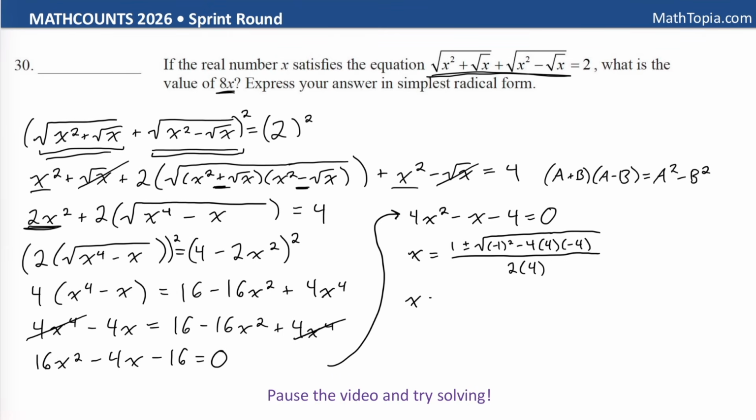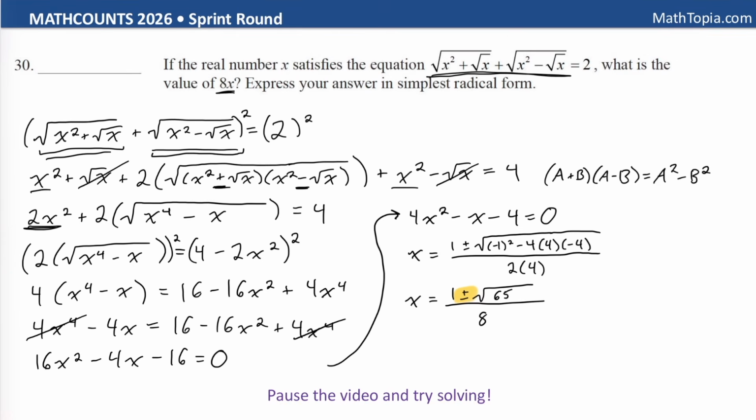So x equals 1 plus or minus the square root of, all of this will be 65 over 8. So we have what x is, but we have two different possibilities for x. x can either be 1 plus the square root of 65 over 8, or 1 minus the square root of 65 over 8. So we have to decide whether we're going to use the plus or the minus.